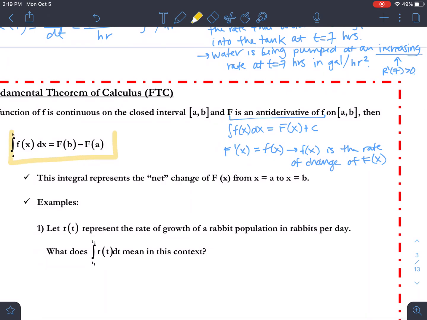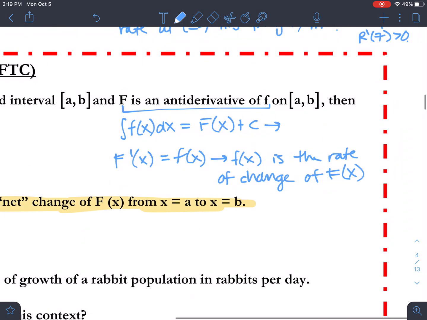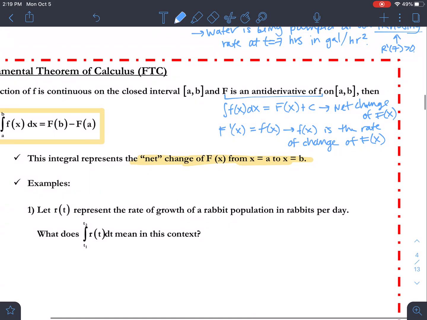This is the fundamental theorem of calculus we talked about, and that's going to represent the net change of f of x from a to b. So this represents the net change of f of x. All right, so the net change.